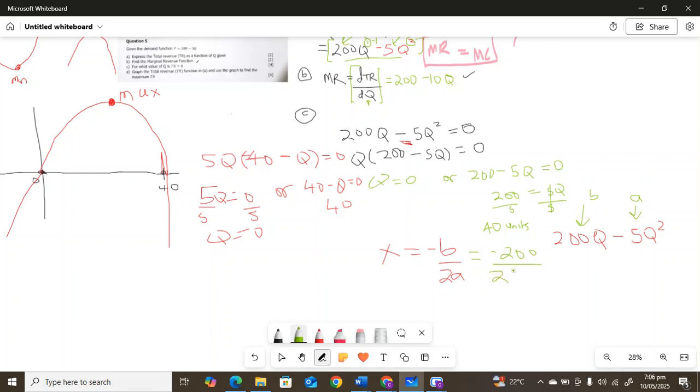A is negative 5. So negative 200 over 2 times negative 5, that is negative 10. So negative 200 divided by negative 10, that is 20. In this context, our x is also q, because on our x-axis is quantity, on our y-axis is total revenue.